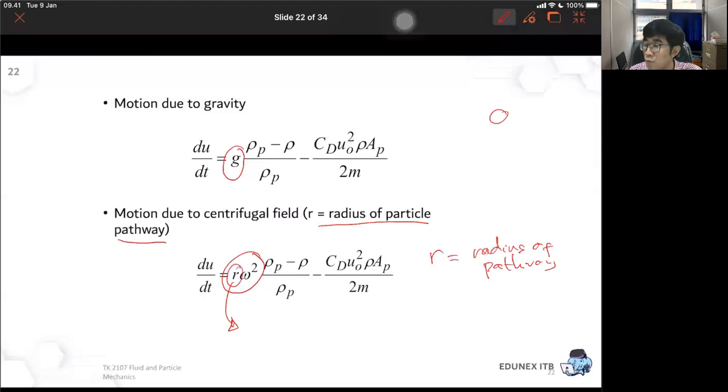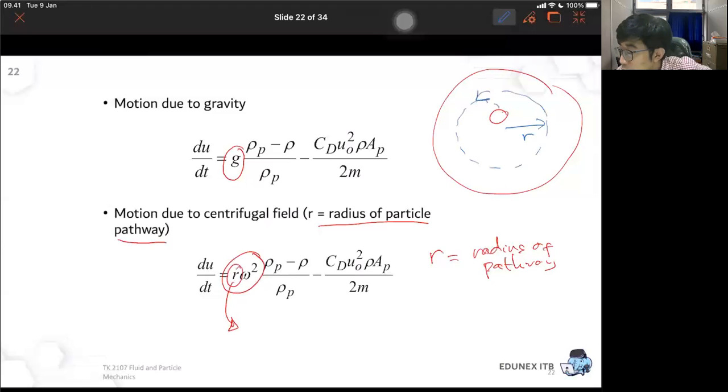For example, if you see from the top, if the particle experiences a centrifugal field, then the movement is like this, right? So R will be this one. R is not the radius of the particle. Be careful. This is the radius of the pathway.